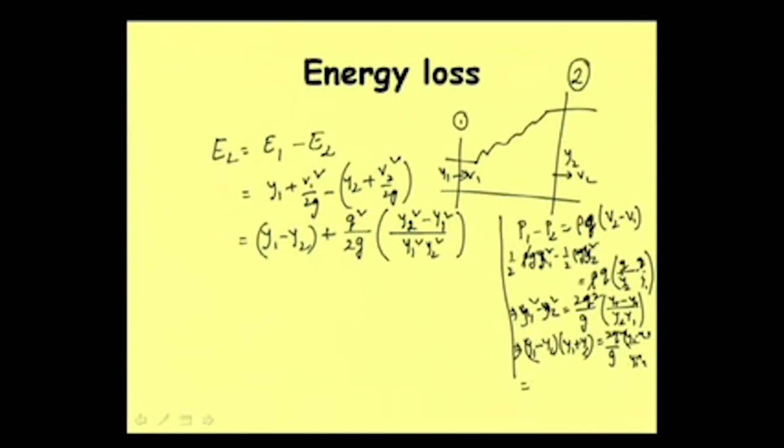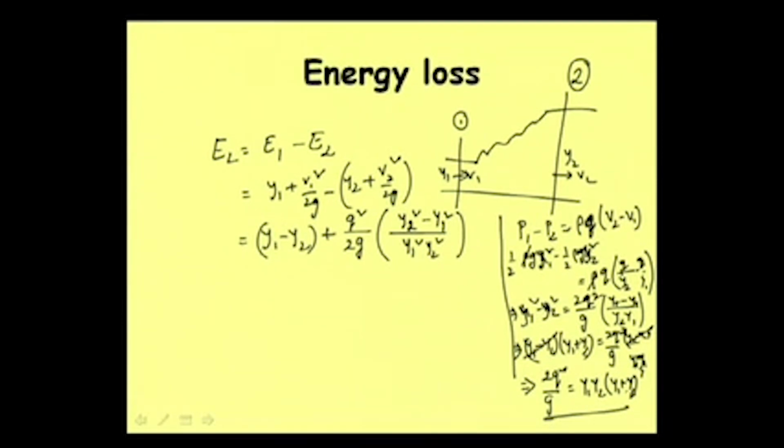Now we can say that this y1 minus y2 and y1 minus y2 will get cancelled. So this implies that twice q square by g is equal to y1 y2 into y1 plus y2. So using this relation, twice q square by g is equal to y1 y2 into y1 plus y2.